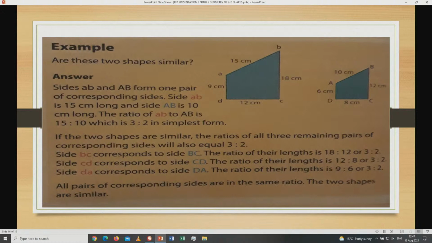Check the ratio between the corresponding sides: BC and BC, AB and AB, AD and AD, DC and DC, or CD. Just like that. So after having found the ratio in a simplified manner, if it can be simplified, and it being the same ratio across, then yes, those two shapes are said to be similar.